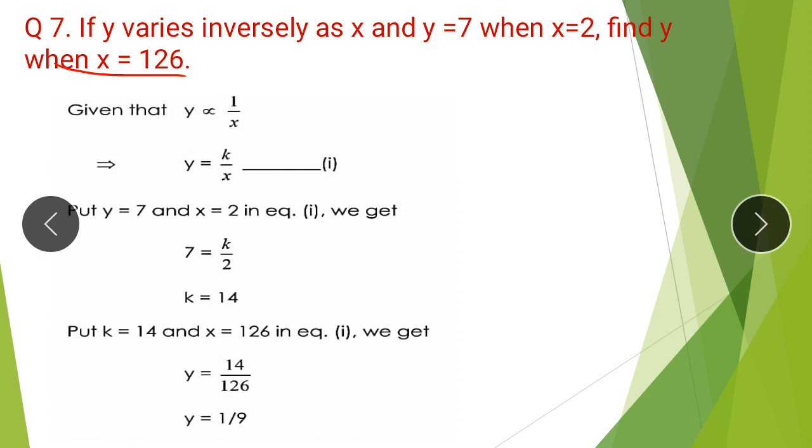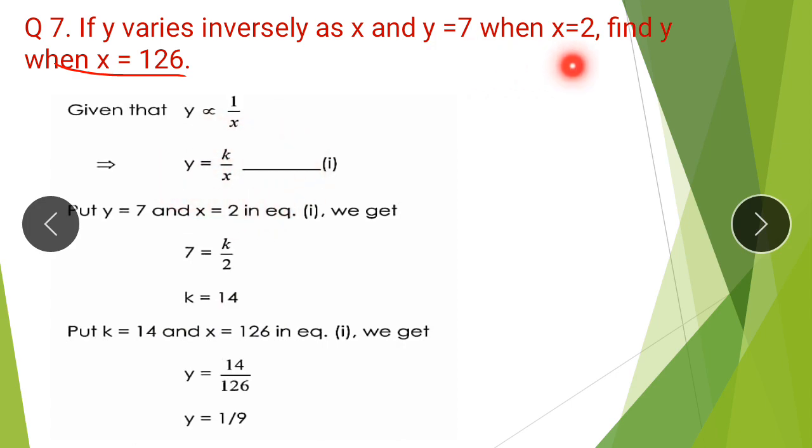Now we are going to find first the value of k, the constant of variation. For that you have to put the value of y as 7 and the value of x as 2. When 2 is being divided here, it will get multiplied with 7. 7 2s are 14. So the constant of variation k is 14 here. You can put this back into this equation.